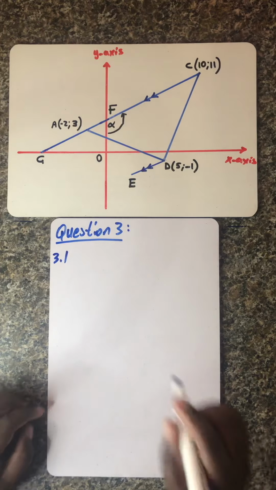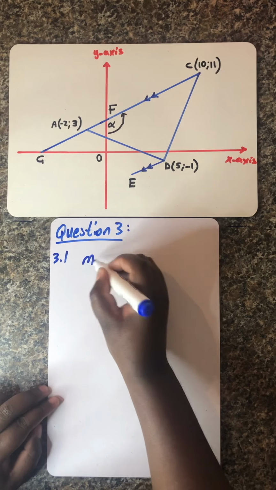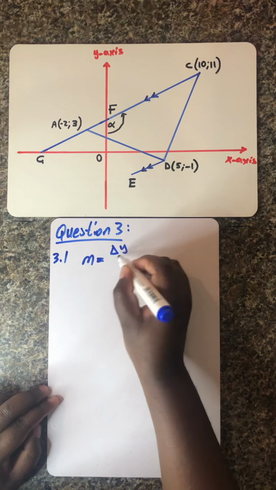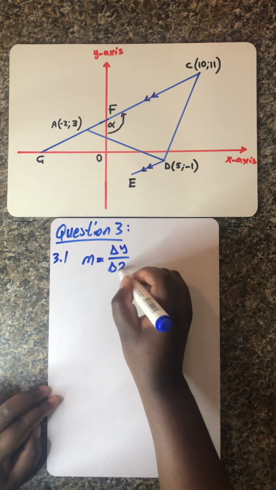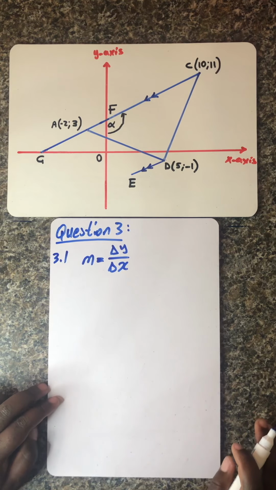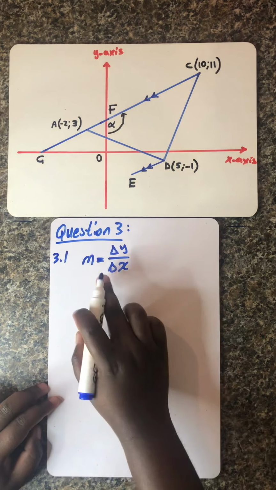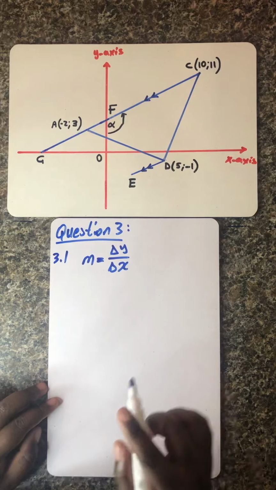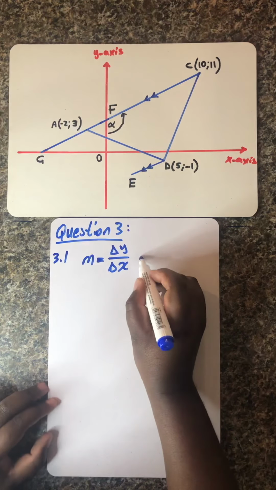So what you do is write down the formula for calculating the gradient. Very, very much important, ladies and gentlemen. We know the gradient is equal to change in y over change in x. So guys, what does change mean?